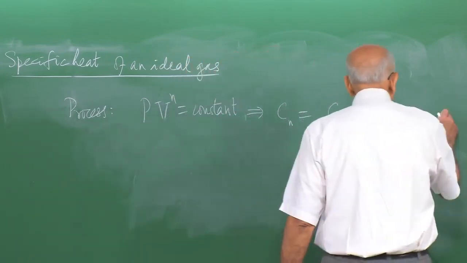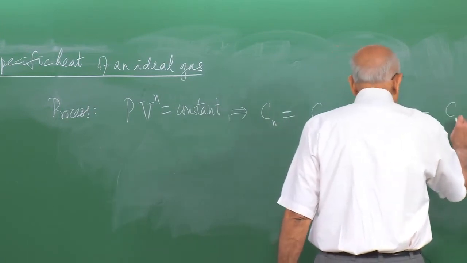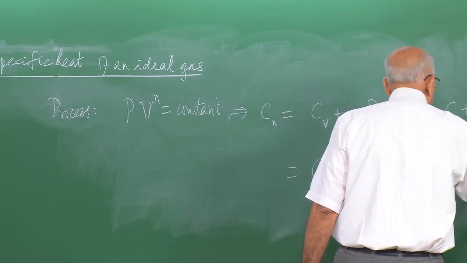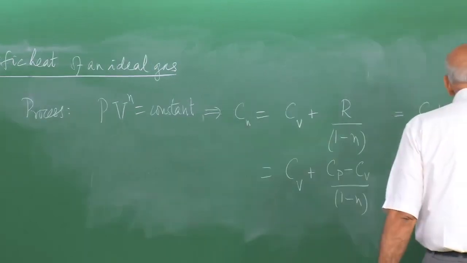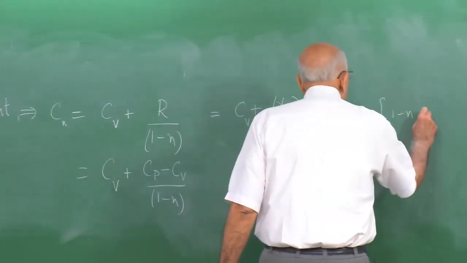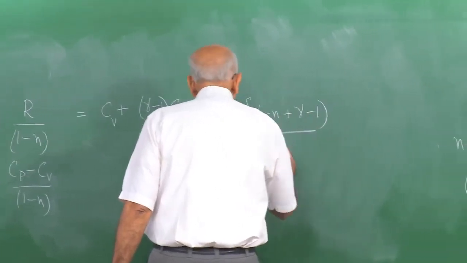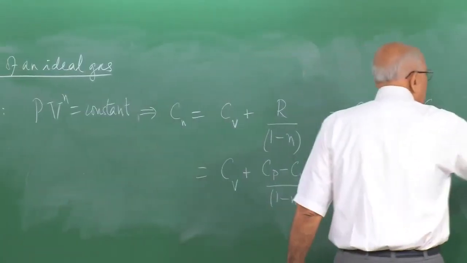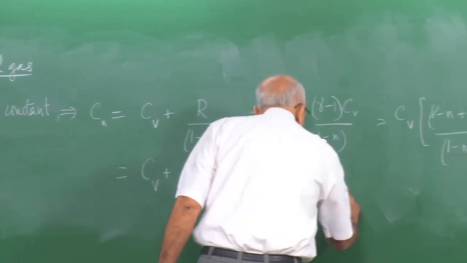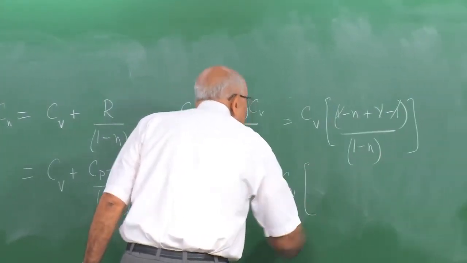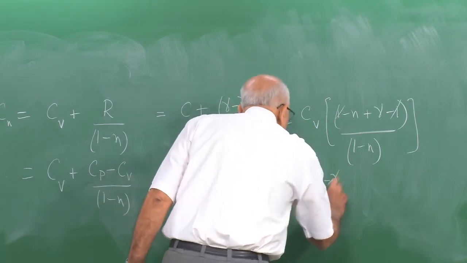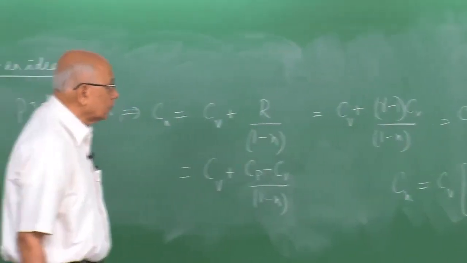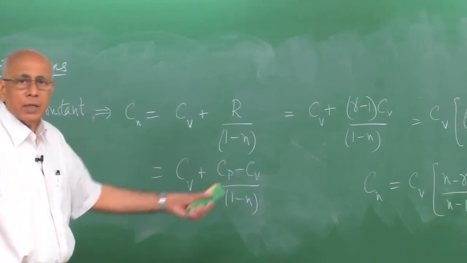So this is equal to Cv plus (gamma minus 1) Cv divided by 1 minus n, which is equal to Cv times (1 minus n plus gamma minus 1) divided by 1 minus n here, and the 1 cancels out, and therefore I have my final answer which says Cn equal to Cv times, let us write this as (n minus gamma) over (n minus 1). And that is it, that is the general answer here.